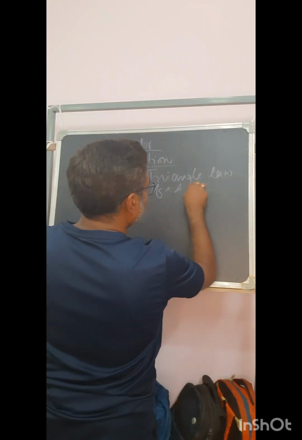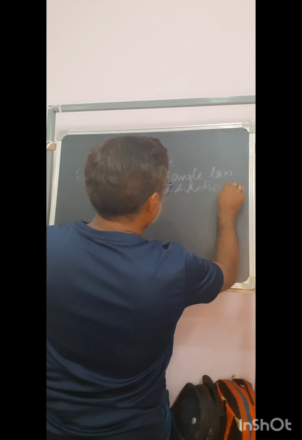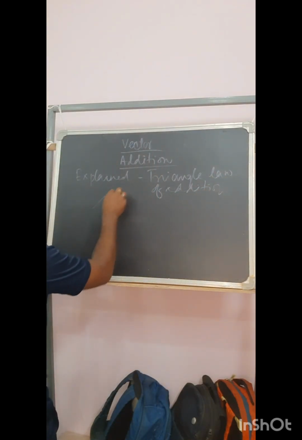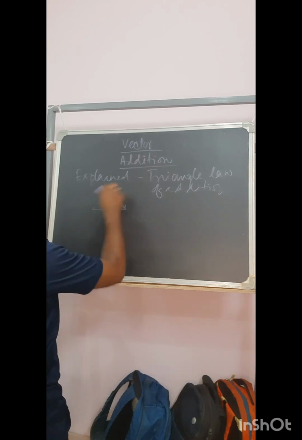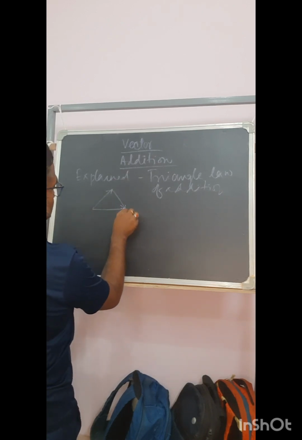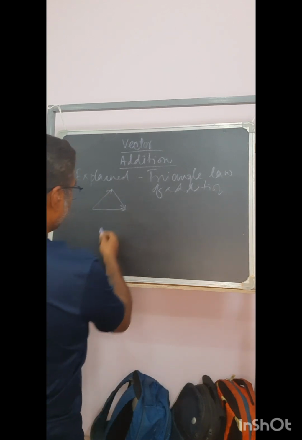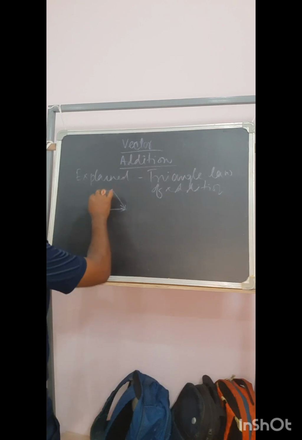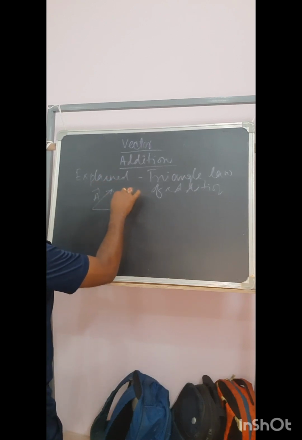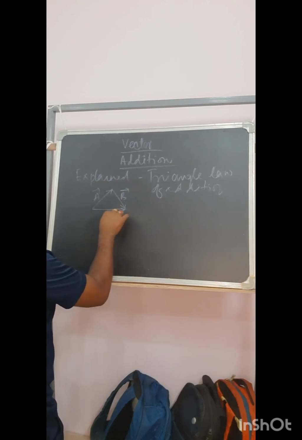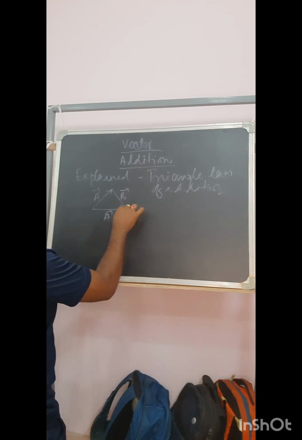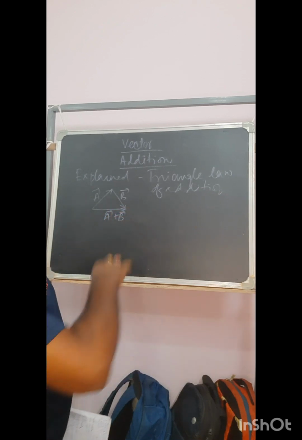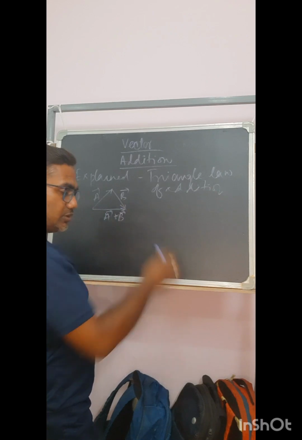I have already explained that if two vectors are represented by two sides of a triangle in order, then the closing side of that triangle in the reverse order will denote the resultant of these two vectors represented by the two arms of the triangle.